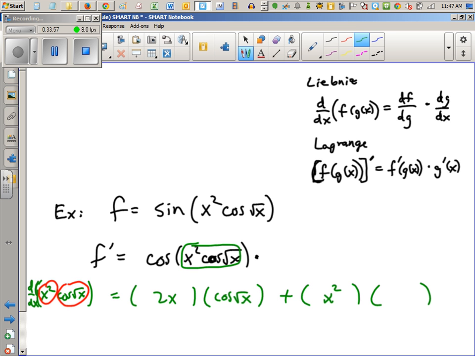Uh-oh. The derivative of cos rad x. Oh man, another detour problem. We've got to find the derivative of cos rad x. Well, I can assure you one thing, it's going to be a negative sine, right? So it's going to be a negative sine rad x, but it has an inside, doesn't it?